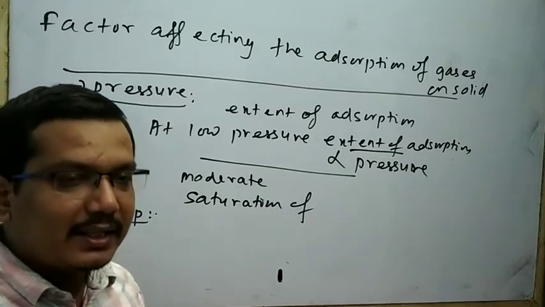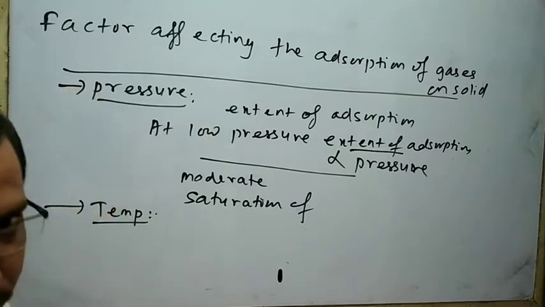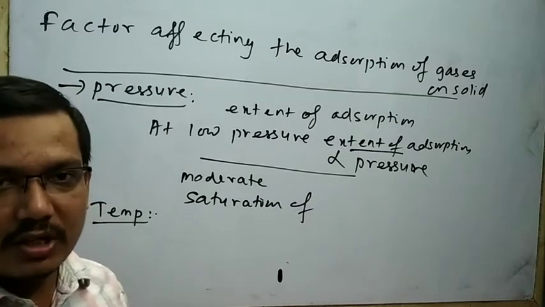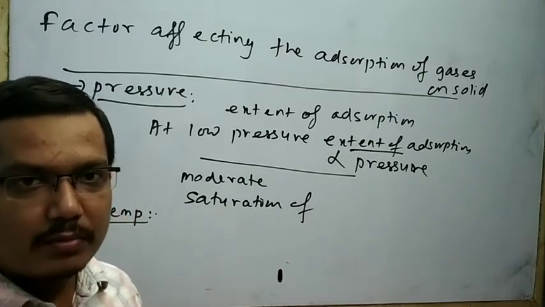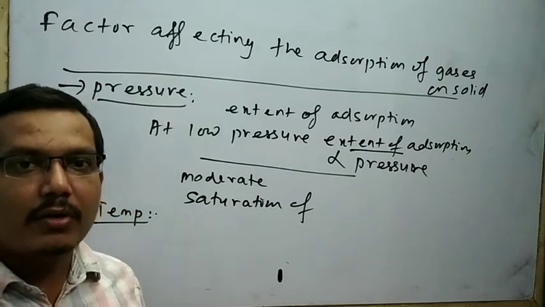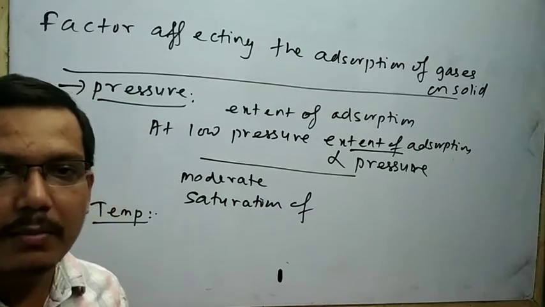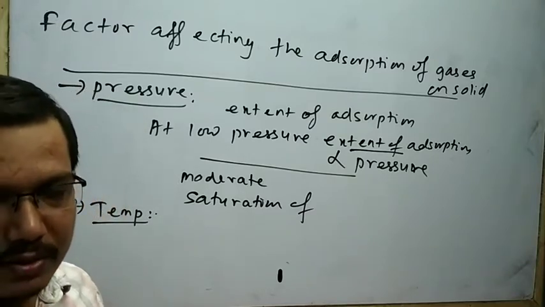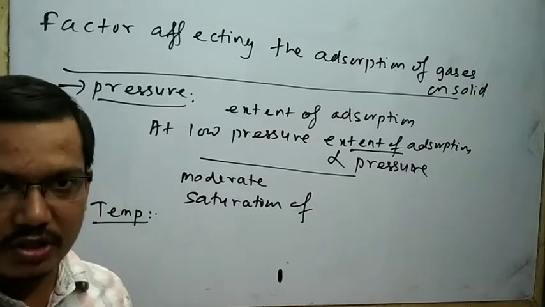But after gaining the activation energy, the molecules start to form bonds with each other. That means the adsorbate molecules start to form bonds with the molecules of the adsorbent. After the formation of chemical bonds, there is a possibility of formation of adsorption, that is chemical adsorption.